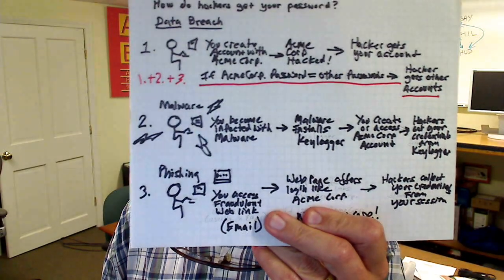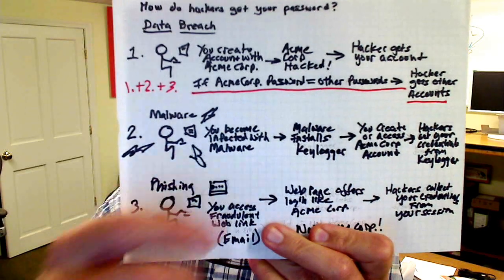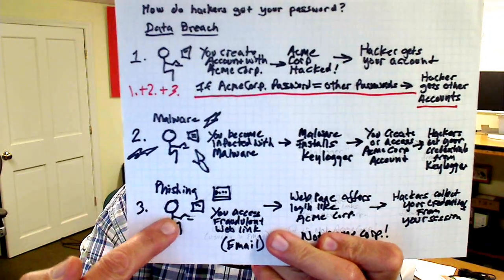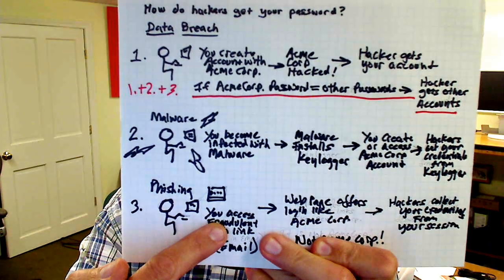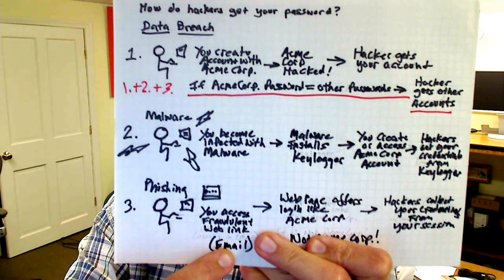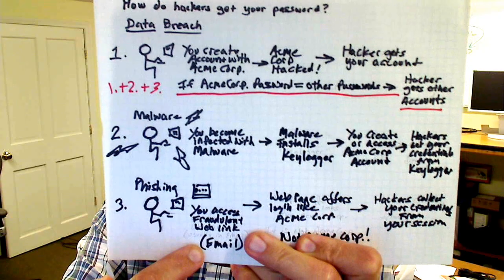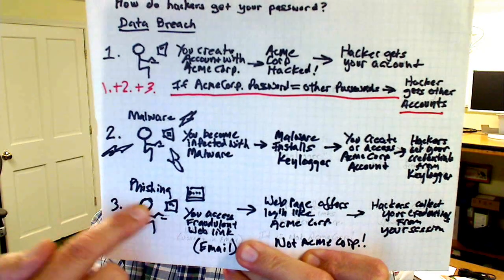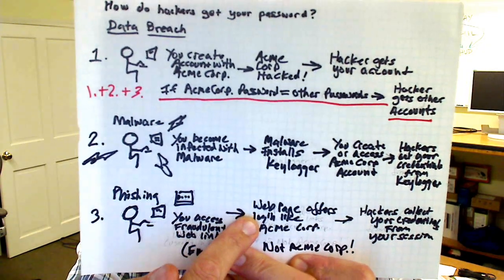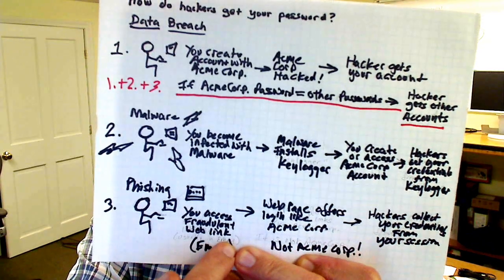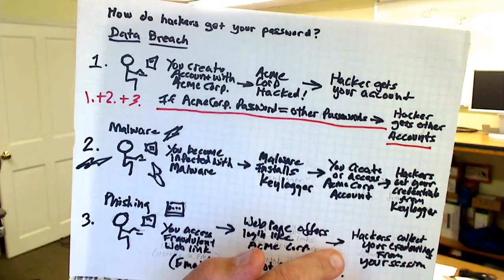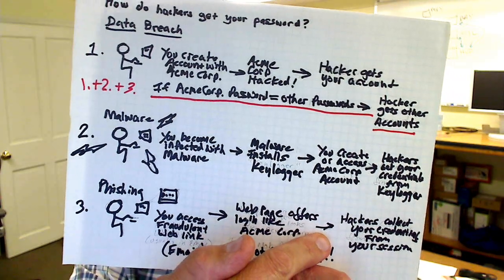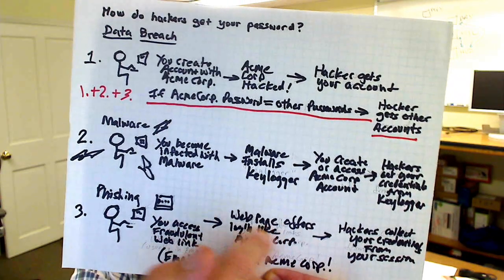The third thing that can come is a phishing attack, and that's down here at the bottom. You receive an email or you encounter a web page that has a link that looks like it's to something you know, like Acme Corp. And so you go to that web link and it looks like Acme Corp, but it's not Acme Corp. And you log into the page and the hackers collect your credentials from the session with a fraudulent page.